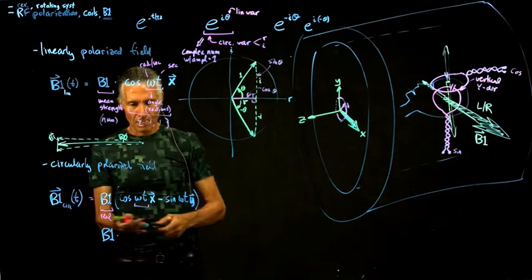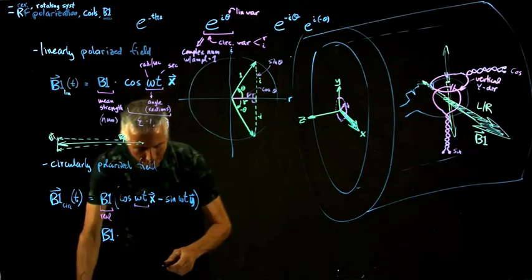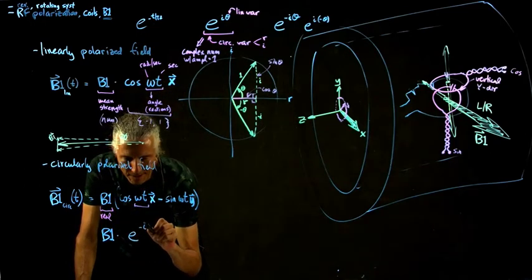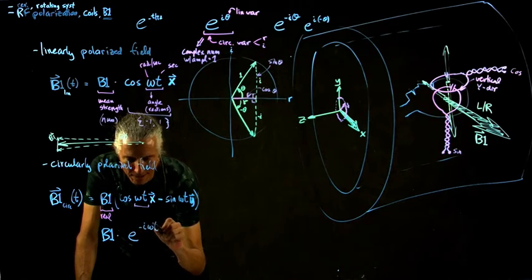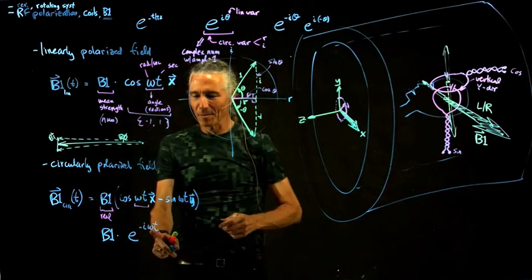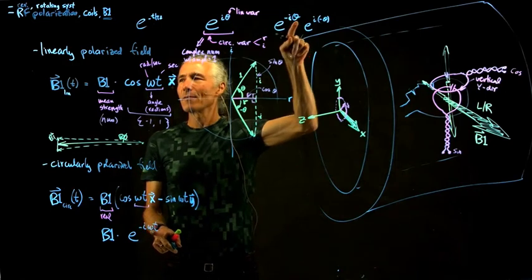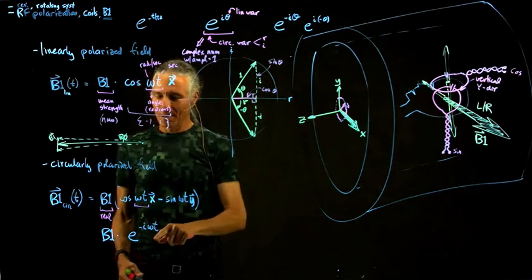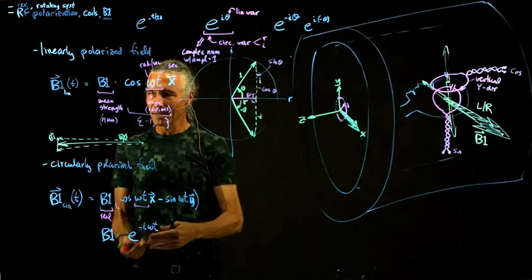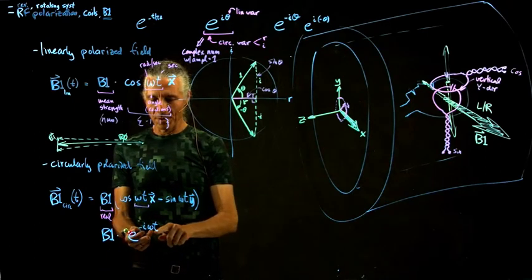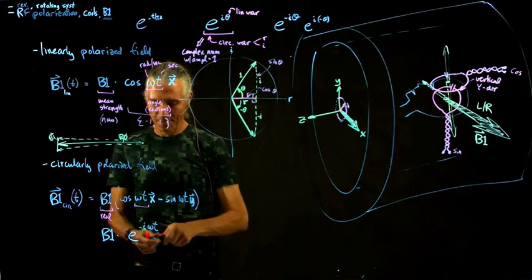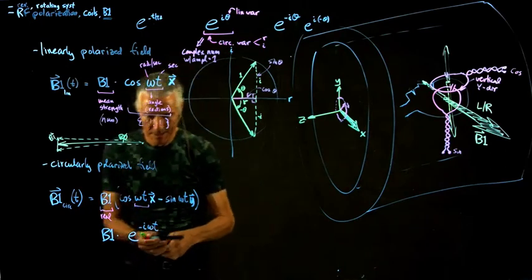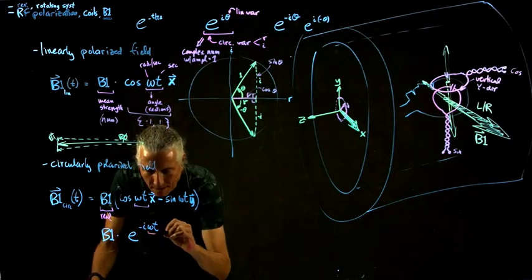And we multiply that by this, e to the minus i omega t. So now we've got two things there, omega t instead of just theta angle. But remember, omega t is just a way of finding an angle at a particular time. So this whole thing just boils down to an angle.